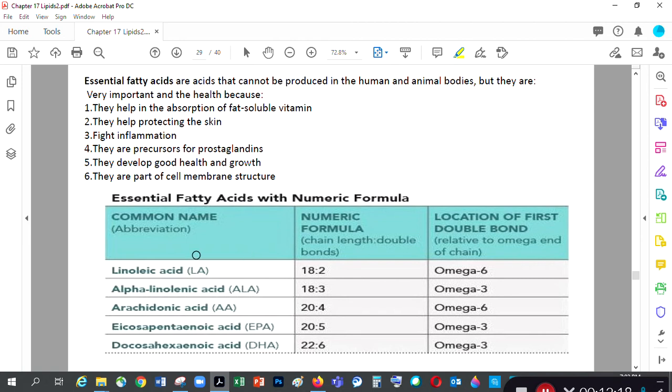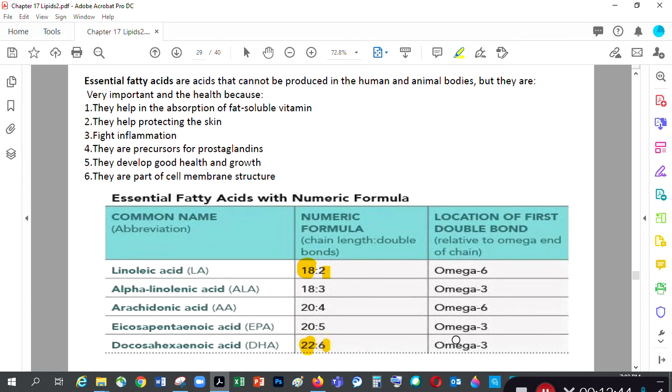And here, just an example, linoleic acid, 18 carbons and 2 double bonds, correct? And it goes further to the larger one here, docosahexaenoic acid, 22 carbons and 6 double bonds.